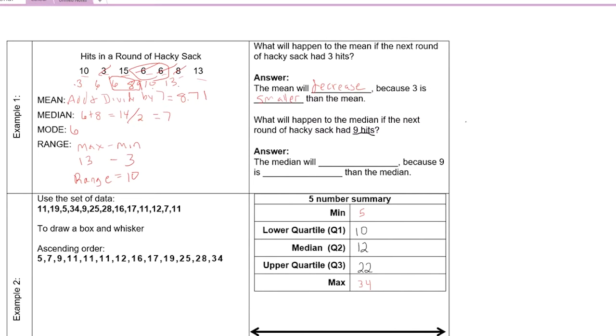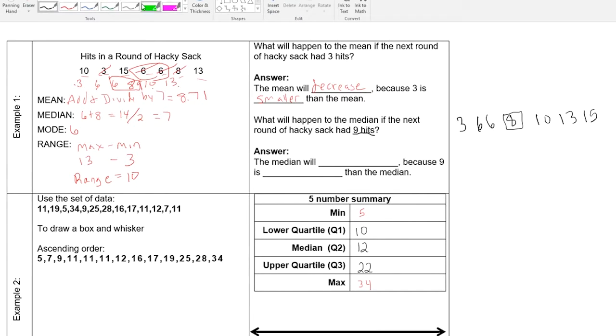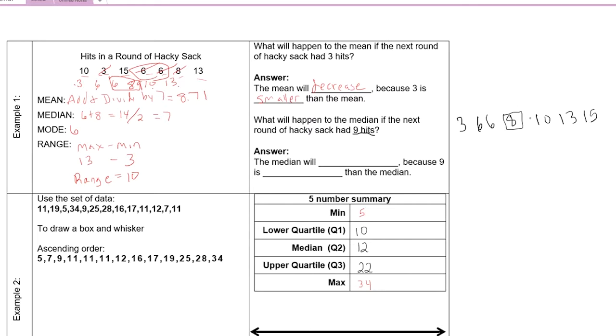What will happen to the median if the next round of hacky sack had 9 hits? Okay, so let's just do a thought. Let's write out all of these numbers: 3, 6, 6, 8, 10, 13, and 15. So right now the median is 8. But the next round is going to have 9, so that's going to be right there.